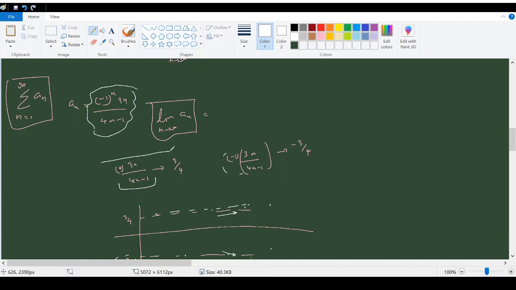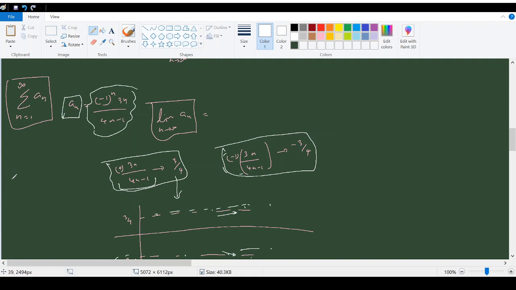If you consider the positive terms only, it will go to 3 over 4. If you consider the negative terms only, it will go to negative 3 over 4. But if you consider the entire sequence together, it does not have a common point to converge. So basically this does not have a limit.